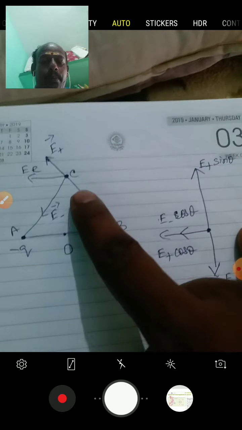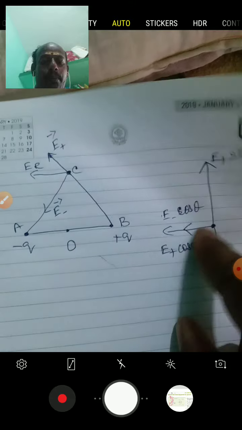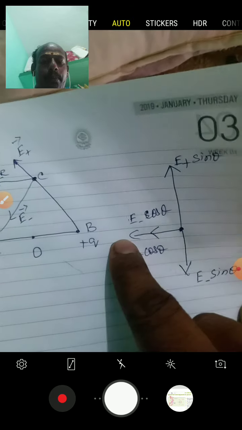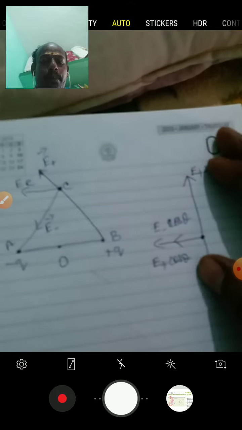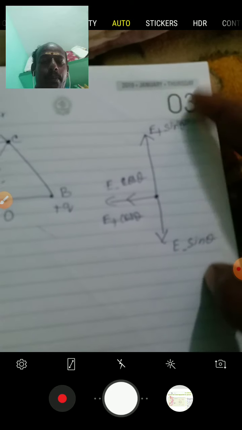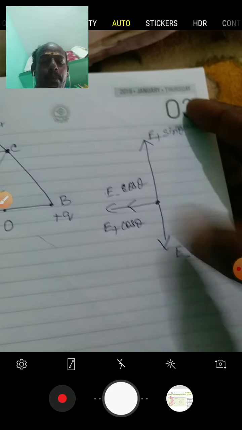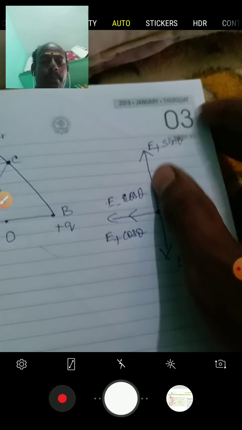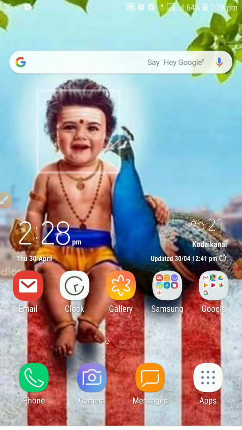Due to plus q, I have two components, that is E plus sin theta, a perpendicular component, and E plus cos theta, a horizontal component. And at the point C, due to minus q, I have E minus sin theta, a perpendicular component, and E minus cos theta, a horizontal component. Obviously E plus sin theta and E minus sin theta will get cancelled. So only the cos theta component will contribute. Okay, right.